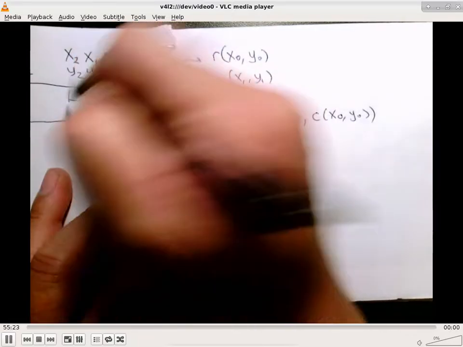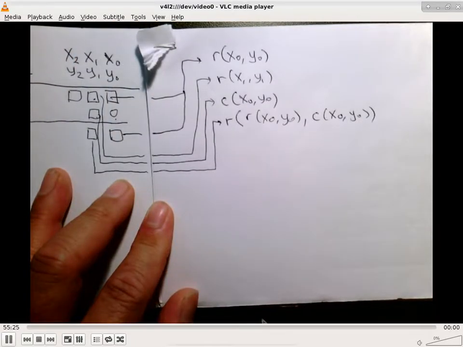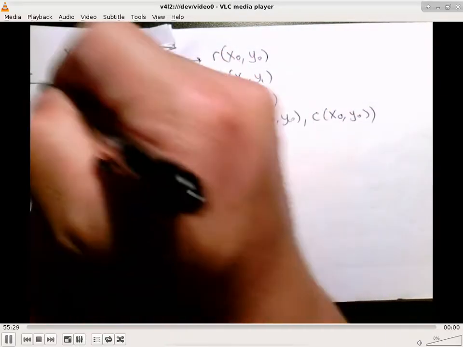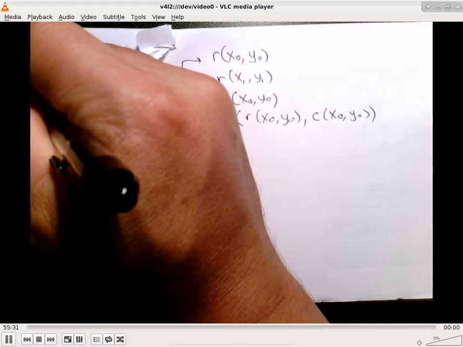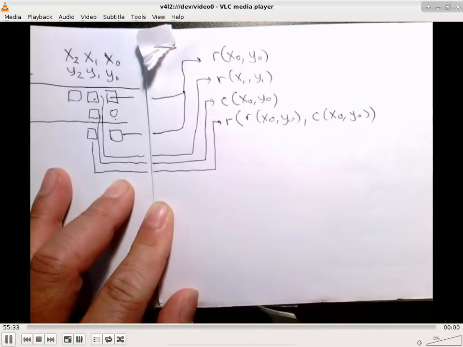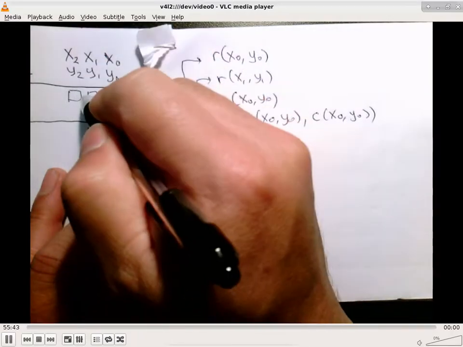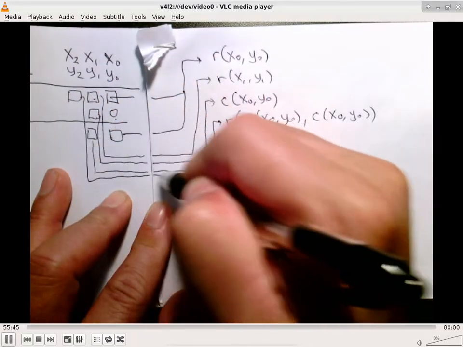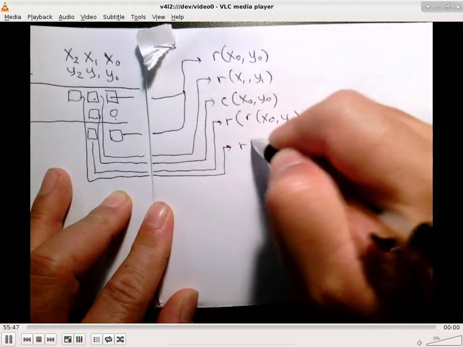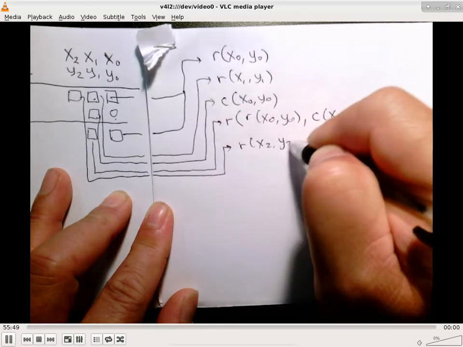This is an easier one. That's R(x2, y2). So anything of this row, I'll call this row Q, is pretty easy because it's really just the partial sum of a digit from the digits of the two numbers that we are given. So this one is just R(x2, y2).